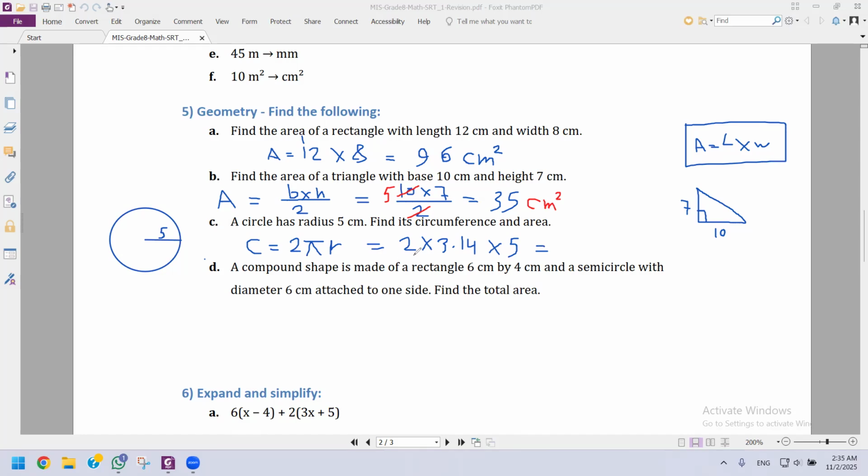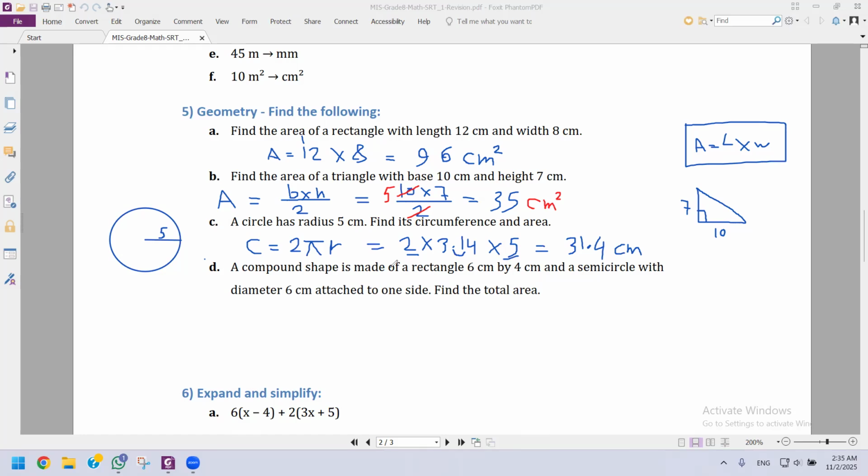Now this is an easy calculation because 2 times 5 is 10. 3.14 times 10, remove the decimal one step. So it's 31.4 centimeter. Do we add the square? No, we don't add it. Why? Because it's circumference, not area. So it's 31.4 centimeter.